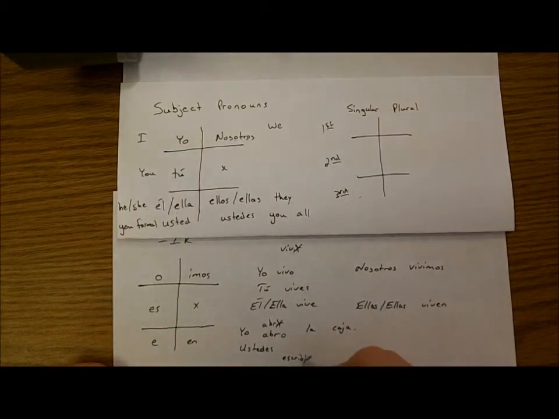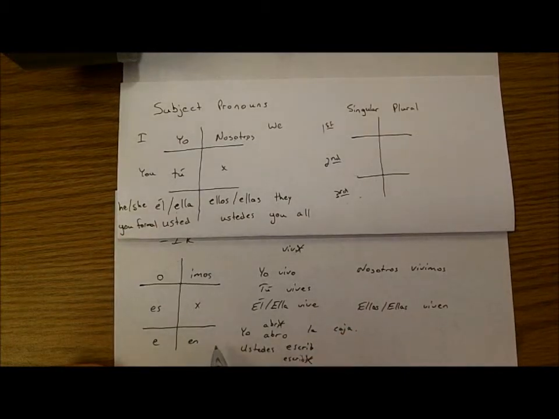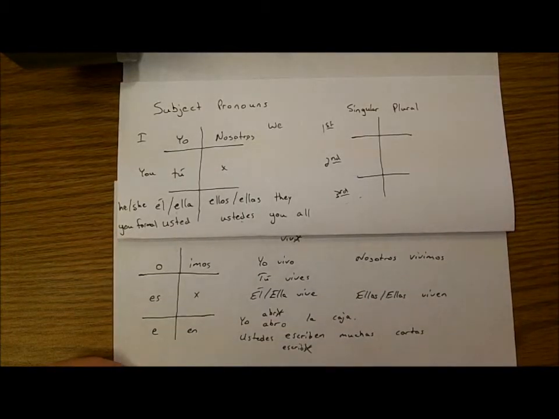So therefore we're going to cross off the IR. So ustedes escrib. And then we've got to figure out which ending. Ustedes is in the bottom right. We need the bottom right down here. So ustedes escriben muchas cartas. You all write a lot of letters.